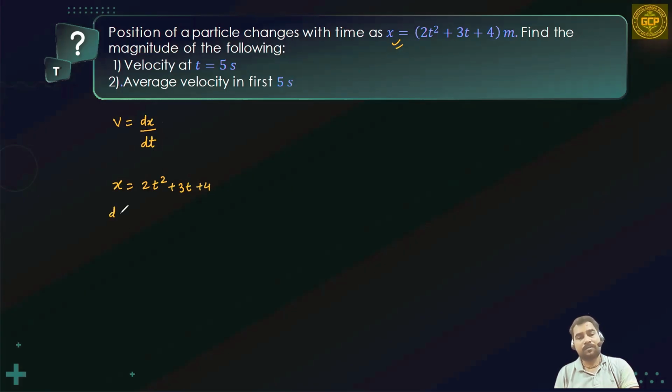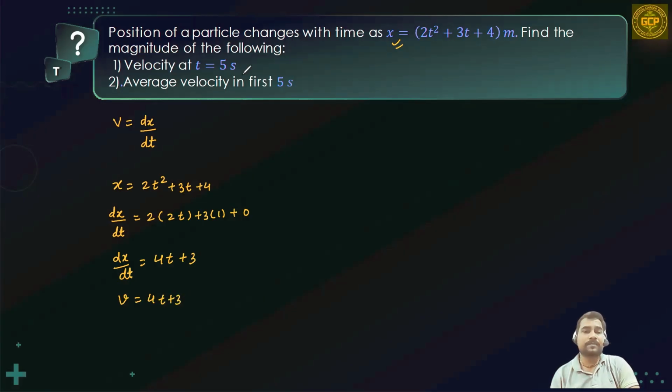So dx upon dt is 2 times the differentiation of t square, which is 2t, plus 3 times the differentiation of t, which is 1, plus the differentiation of the constant part, which is 0. So dx upon dt is 4t plus 3. dx upon dt is velocity, so velocity is 4t plus 3.